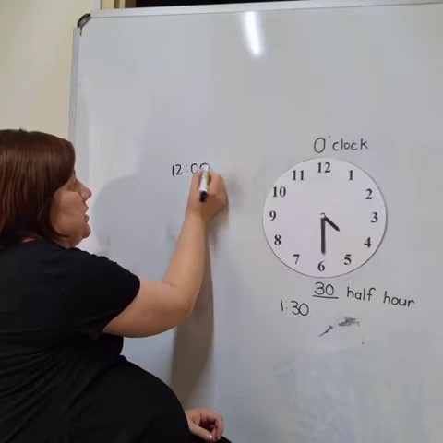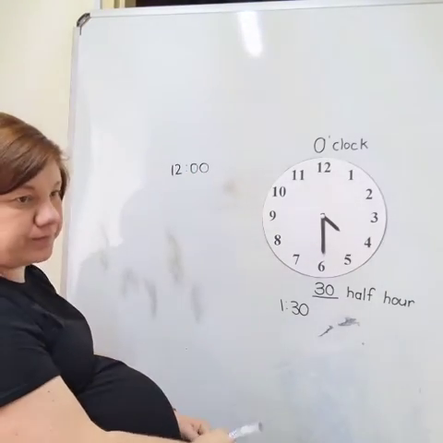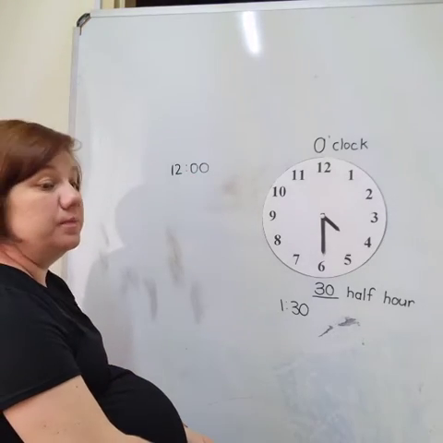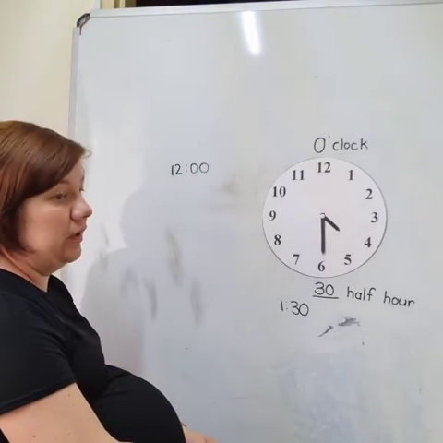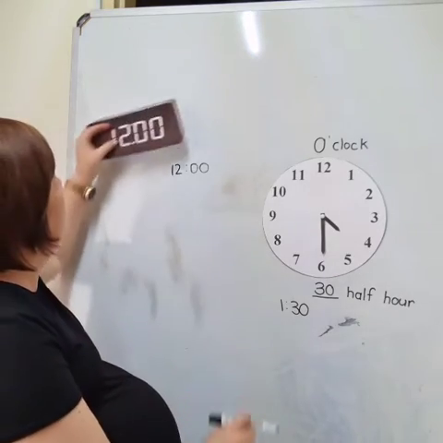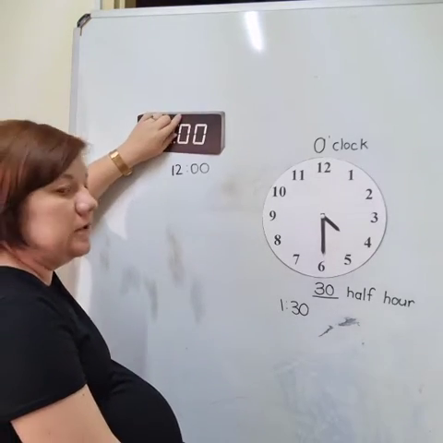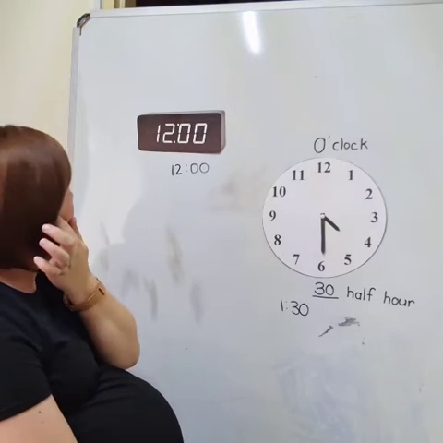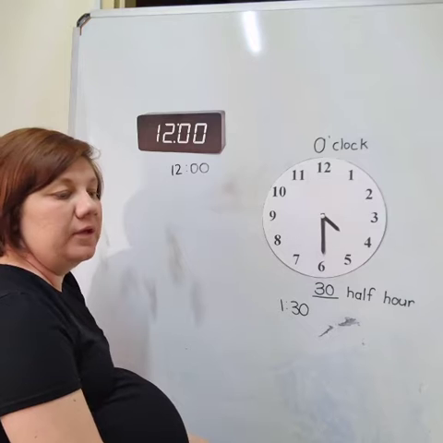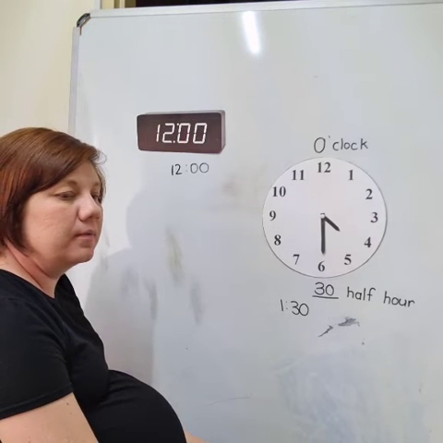Your first one says what, Kyle? That's correct. This one says that it is 12 o'clock. It's the same as our digital clock that we call a digital time. So quickly on your analog clock, show me the 12 o'clock.